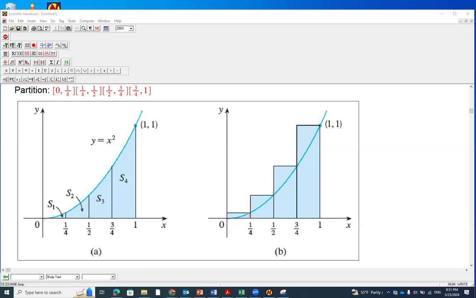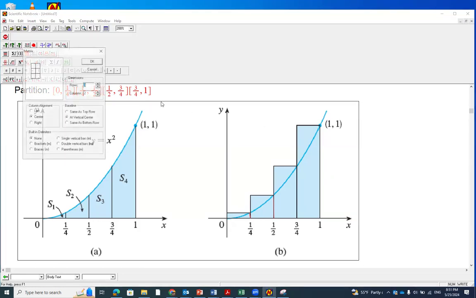And the second rectangle, I'll make a table for that. For each one of these rectangles, we're going to choose the right endpoint and that function value. So this height is going to be the function's value at 1/2. I'm going to make a little table for you to show that.